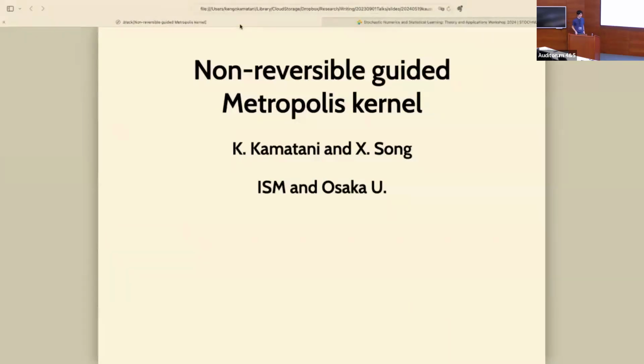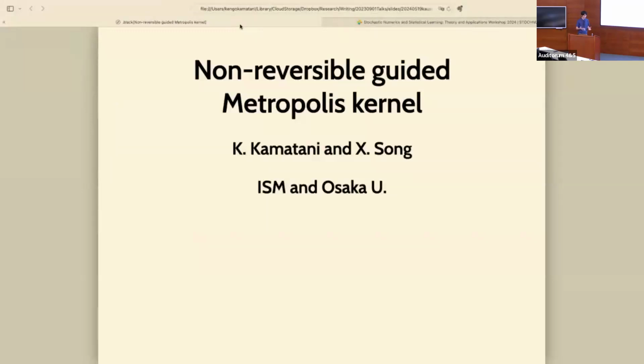We know many things about MCMC, but at the same time we gradually understand its limitations, one of which is reversibility, which I will explain later. Due to reversibility, MCMC does not behave nicely in some cases, and this talk is about extending reversible MCMC to non-reversible ones.